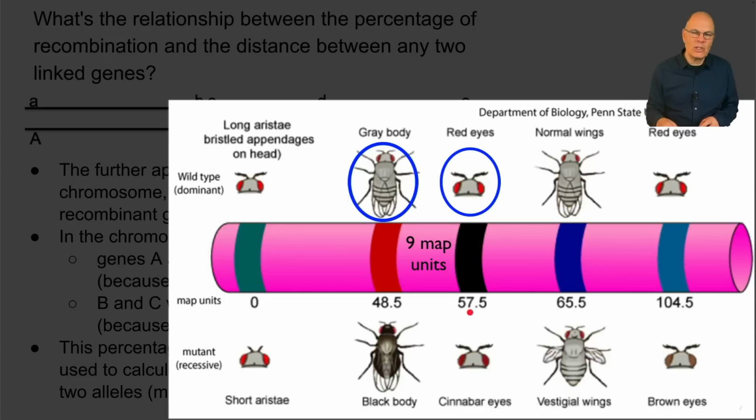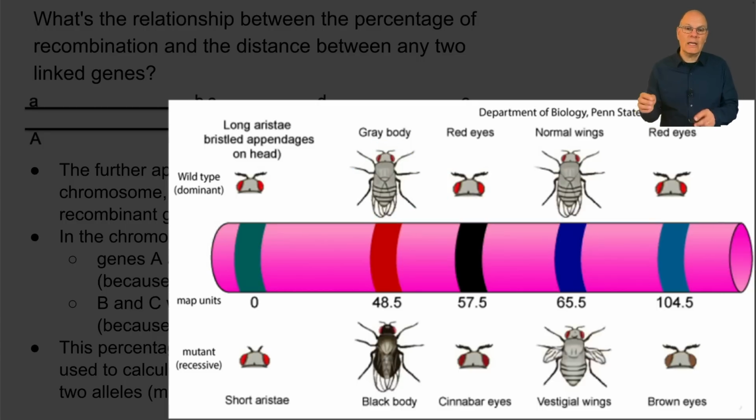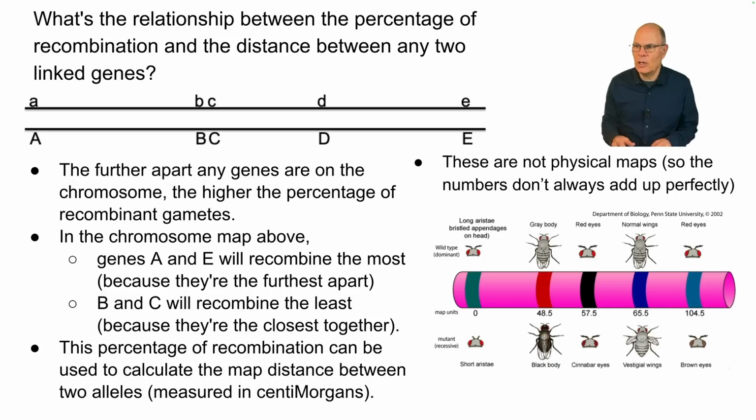And really what this amounts to is the frequency of recombinants. So by doing all of these breeding experiments with fruit flies, the researchers at Columbia University in the 1900s, Thomas Hunt Morgan and his crew, were able to create maps of chromosomes, and this established that genes are on chromosomes and was part of the pathway that ultimately led to the double helix and all that other great stuff.